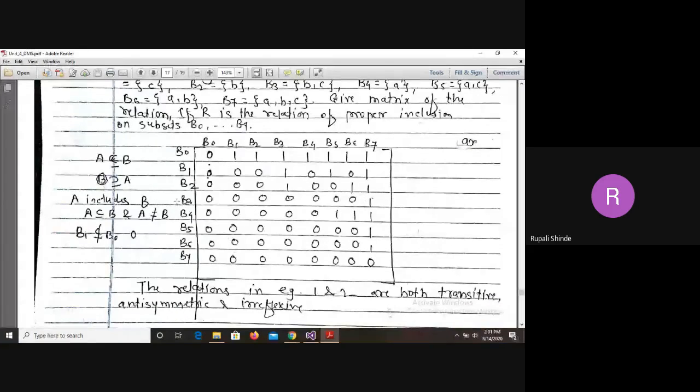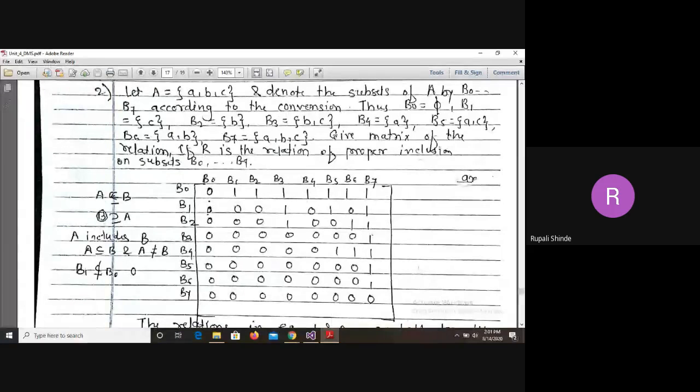Now check B3 and B7. We have marked 1 here. Why? Because B3 consists of set B comma C and B7 consists of set A comma B comma C. So here again we can say B3 is a subset of B7 and B3 is not equal to B7. So B3 is a proper subset of B7.